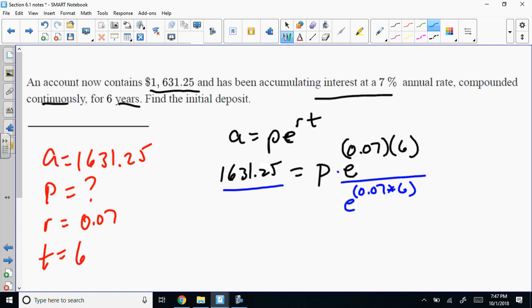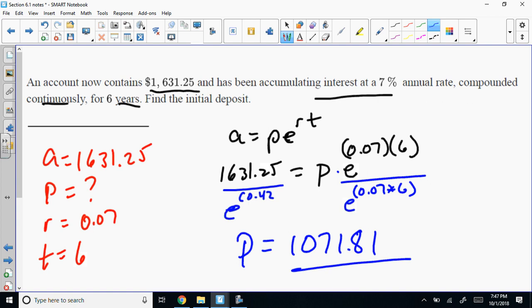The 0.07 times 6 is 0.42, right? So 1631.25 divided by E to the 0.07 times 6. Boom. So I got an initial value of $1,071.81.